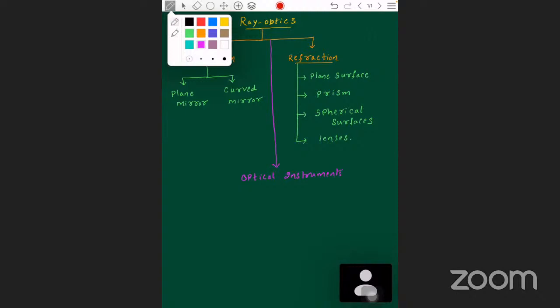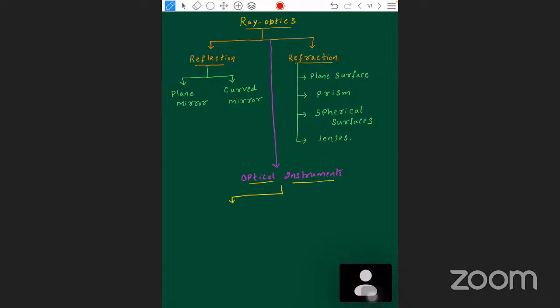In optical instruments, you are going to analyze the concepts of two cases: one is the microscope, the second one is the telescope.